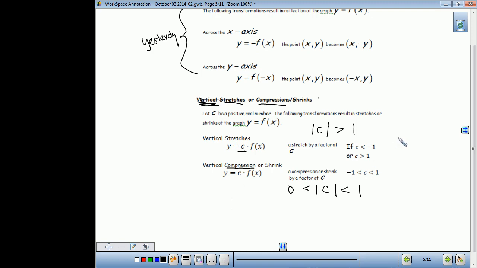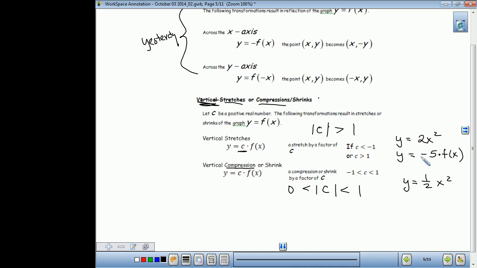Okay, so an example of a vertical stretch would be y equals 2x squared. An example of a compression would be y equals 1/2 x squared. An example of a stretch would be y equals -5 times f of x.